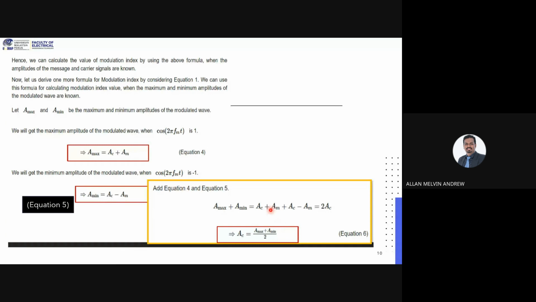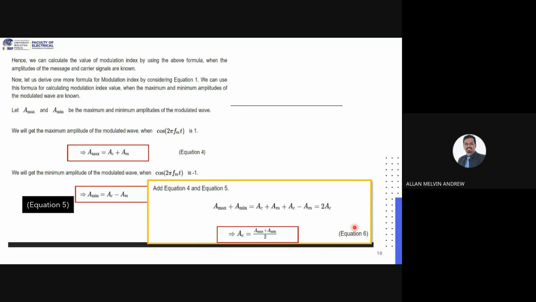Solving this, Ac plus Ac becomes 2Ac, Am minus Am becomes 0. So at the end you get 2Ac. To find Ac, the amplitude of the carrier signal, you rearrange: A max plus A min over 2. That becomes equation number 6.